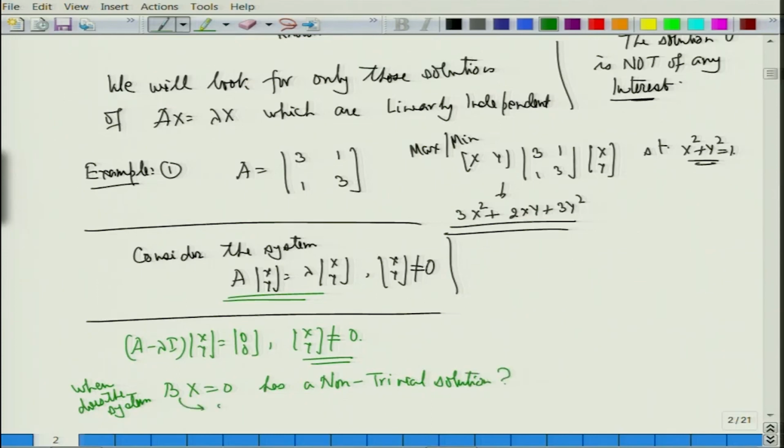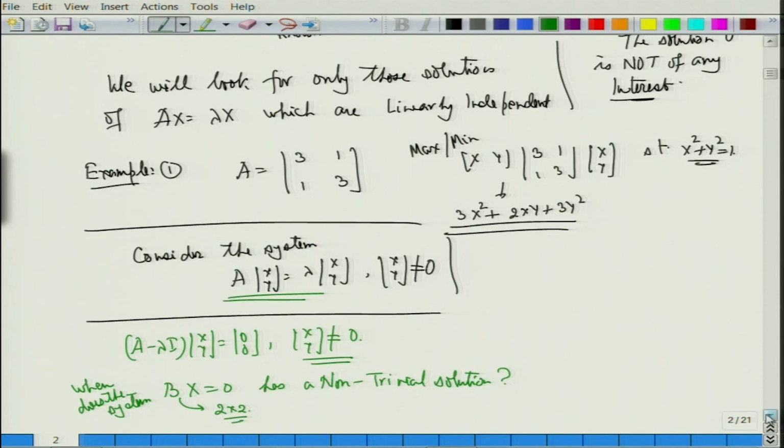Here B is a 2 cross 2 matrix for us, it is a square matrix. All right, in this chapter all our matrices will be square matrices, I forgot to say that. I started with a symmetric matrix, so we have a square matrix that I am looking at. All right. So, my question is, do you remember when this system has a non-trivial solution?